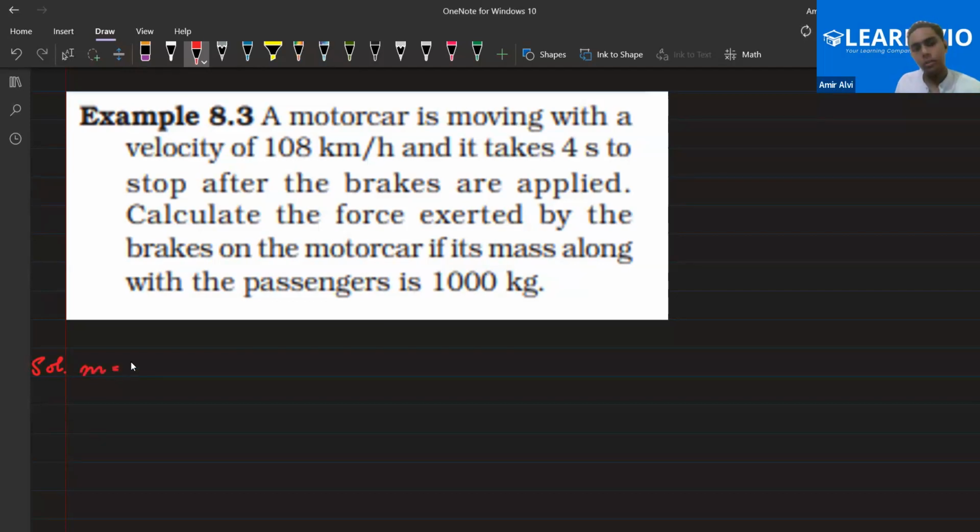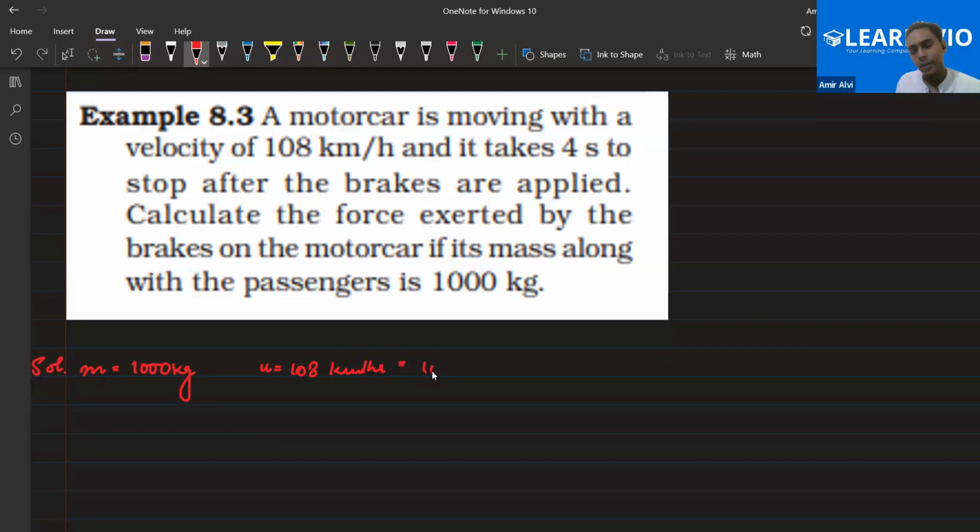So first of all, write down the things. Mass is 1000 kg, and the initial velocity was 108 kilometer per hour. As you know, Bacho, the mass is given in SI unit, so it's our job to convert the velocity into SI unit, right?